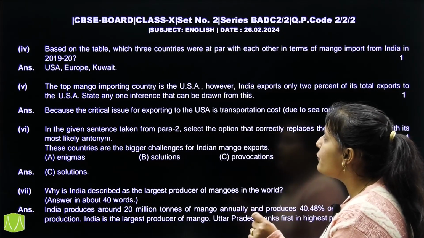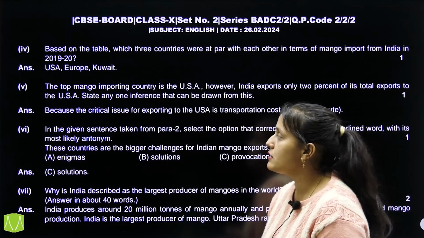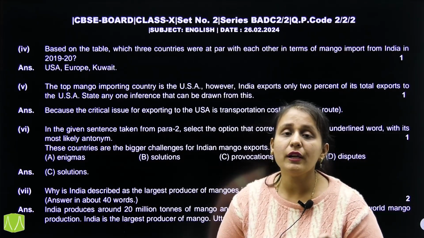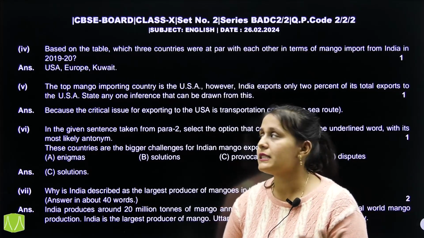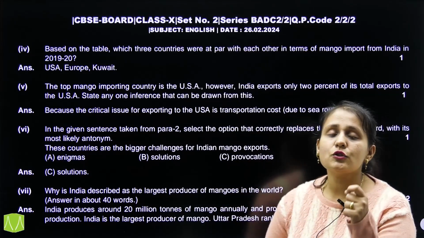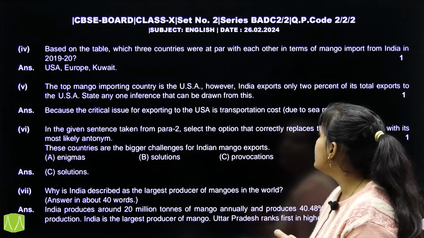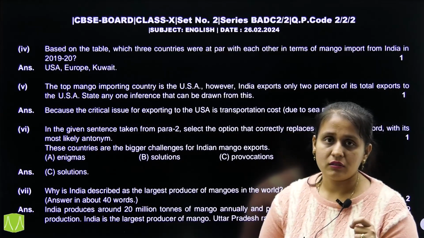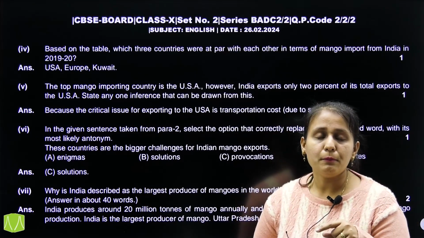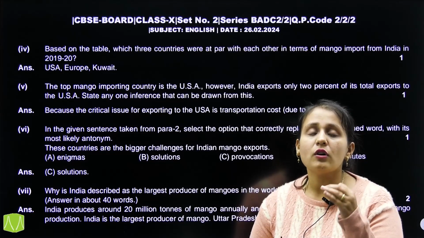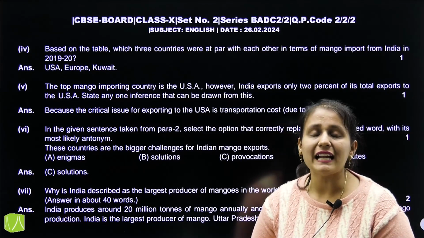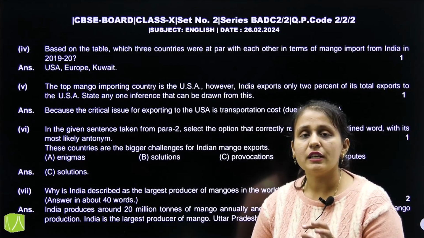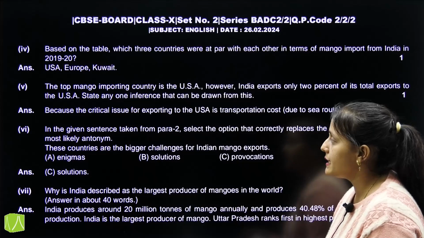State any one inference that can be drawn from this. Why are we not exporting mangoes to USA? Because the critical issue of exporting is transportation cost, which is very high due to the sea route. That's why we are not exporting.